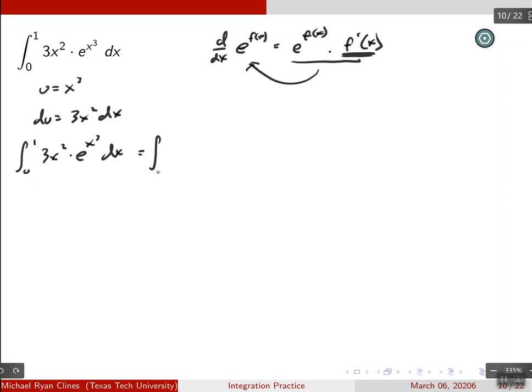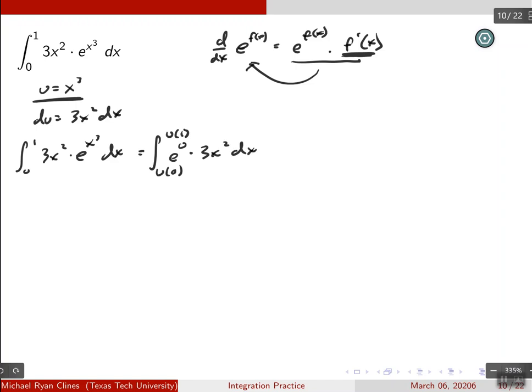So this lower limit of integration is going to be u of 0. The upper one is going to be u of 1, which is telling us we need to shift 0 and 1 by whatever this function dictates. And now we're going to sub some things in. Well, we made x cubed equal to u, so this is e to the u times 3x squared dx.